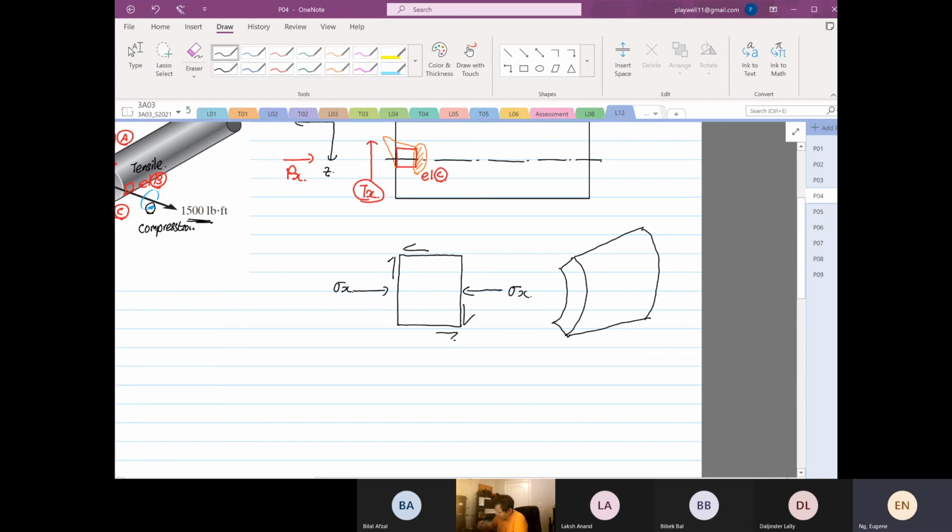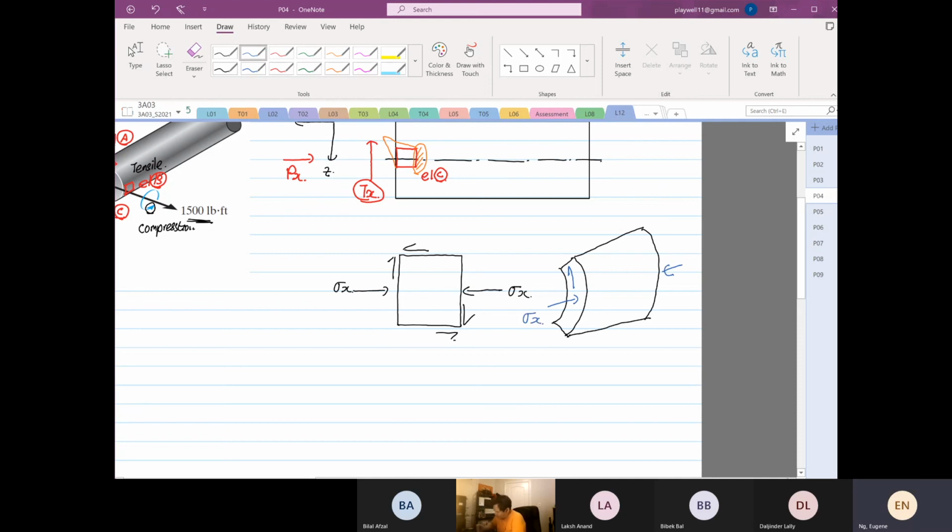Okay, so the shear will go in this direction. Right, the shear will go in this direction, and then this is our stress in the x direction.